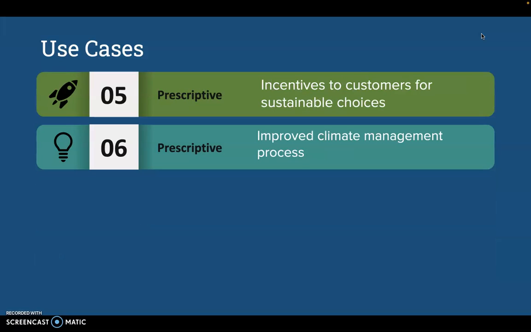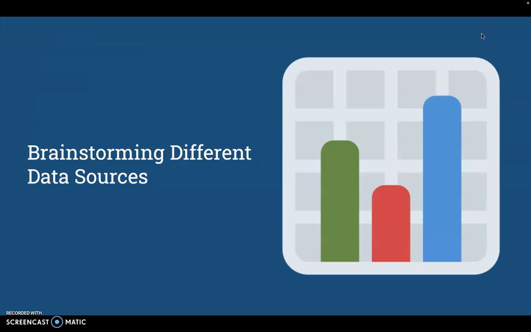And then for the prescriptive, we are going to look into incentives to customers for sustainable choices being used within the store. And then the last prescriptive is improved climate management process.